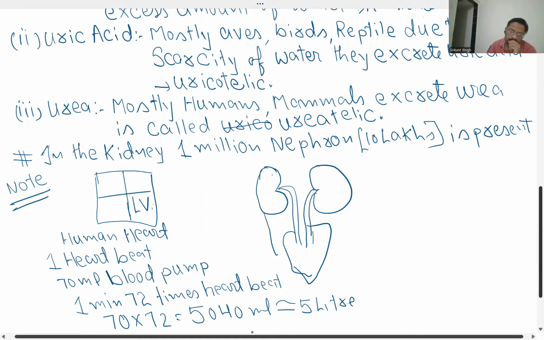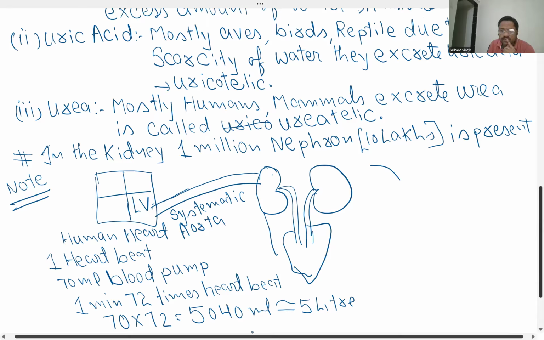So through the systemic aorta, the oxygenated blood goes to the kidney.